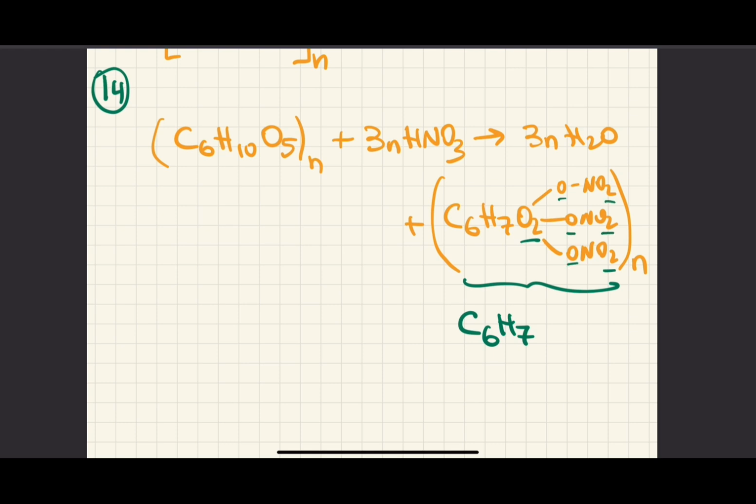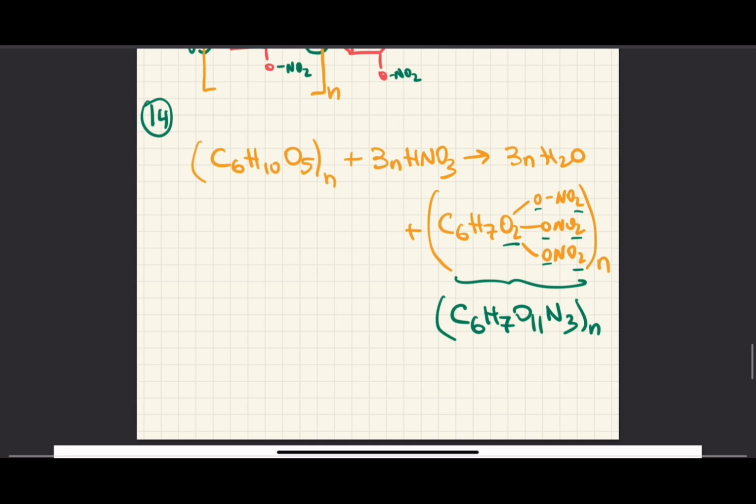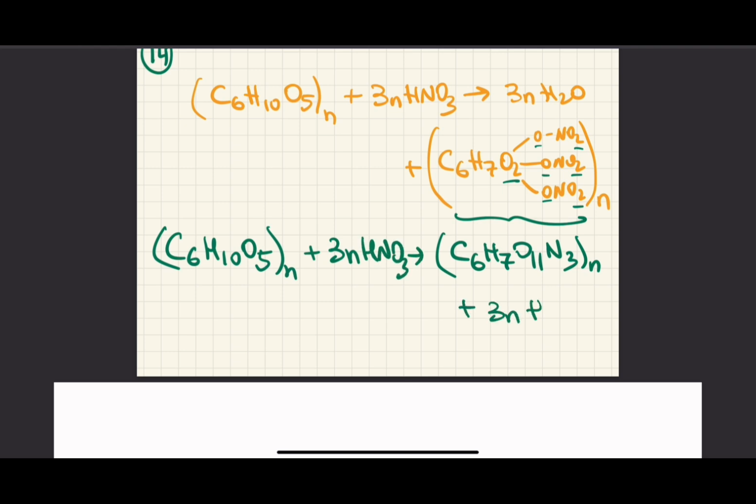So 2 plus 9, 11, and we have N3. So this is the N times. If we write it, C6H10O5 N times, and we have 3N HNO3, giving you plus 3N water. Now just concentrate on the bottom part.